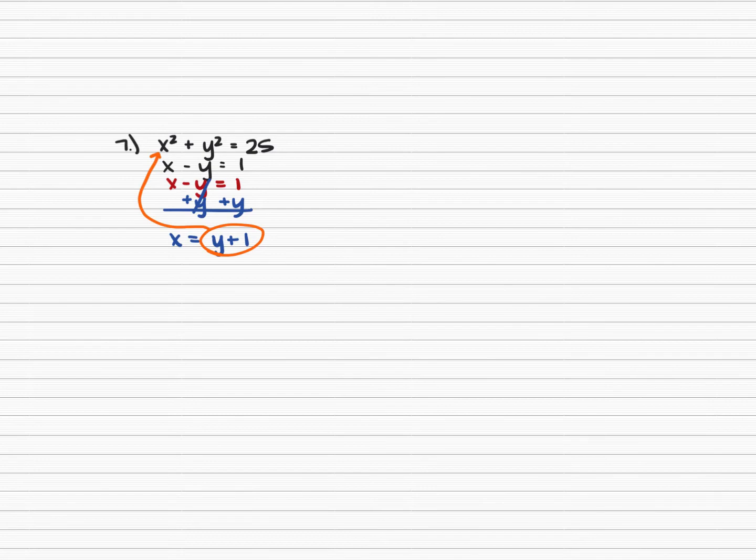So we're going to have y plus 1 squared plus y squared is equal to 25. That y plus 1 squared is y plus 1 times y plus 1. So you're going to have to FOIL this out in order to get what y plus 1 raised to the second power is.